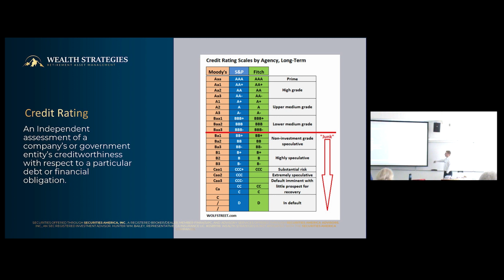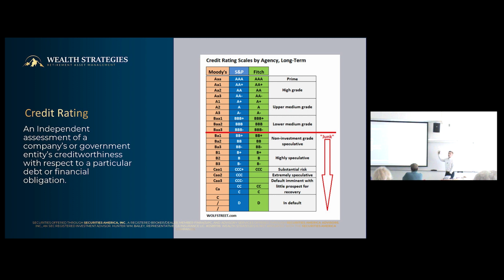As we start from the top, we start all the way at triple A, which is what we would consider our prime companies, where you have absolutely no expectation of default. Mostly that's going to be your government securities.